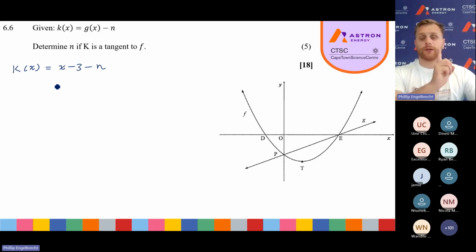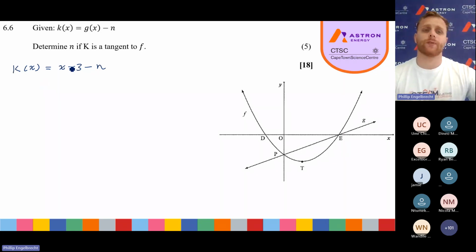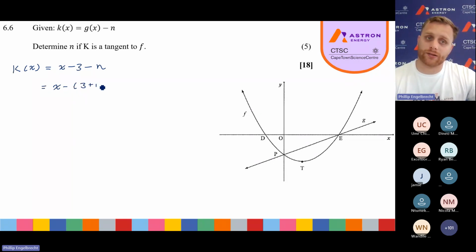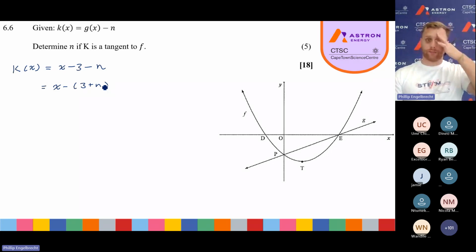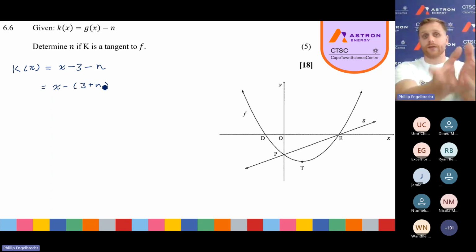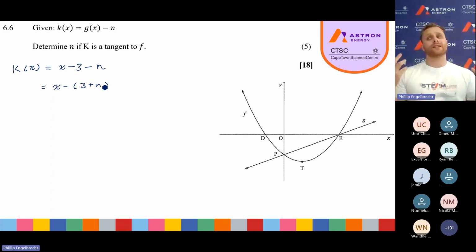Now, remember, when answering an exam question, one of the things you must try and do is make it a little bit simpler, make your life a little bit easier. So by that, I mean I'm going to just say this is x, I'm going to factor out a -1, and I get 3 plus n. Now, I think we can all agree that this is a straight line graph, because we can see it from the equation, and they also said that k is a tangent.